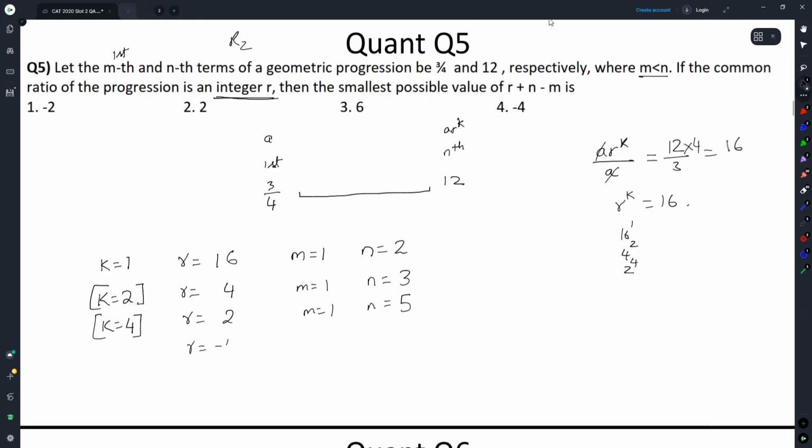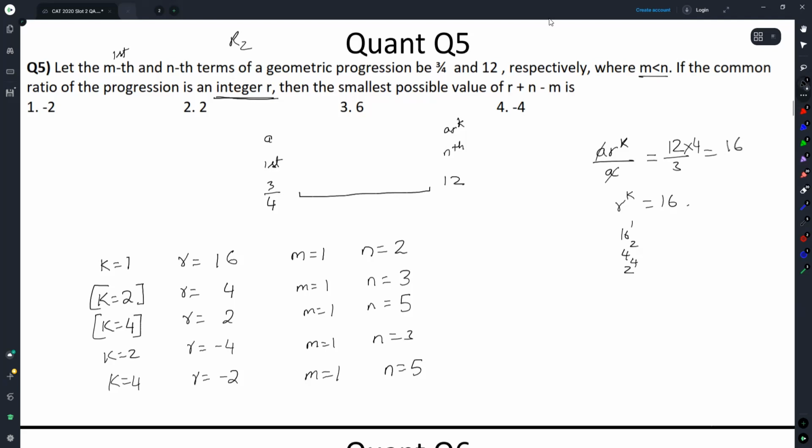So r equal to -4, m equal to 1, n equal to 3, and k equal to 2. This case is also valid. And k equal to 4, r equal to -2, m equal to 1, and n equal to 5. This case is also valid.